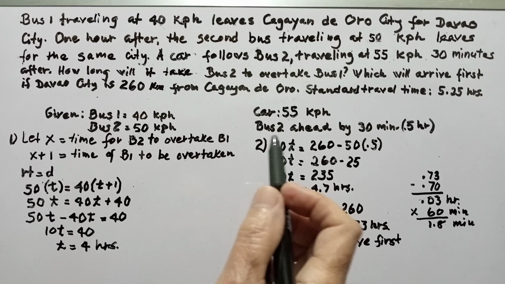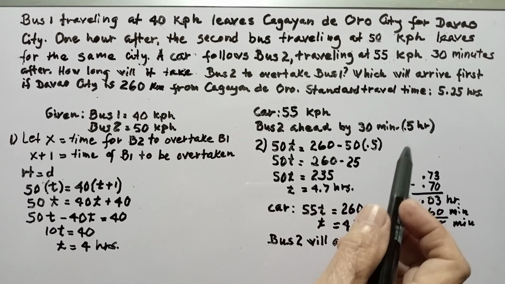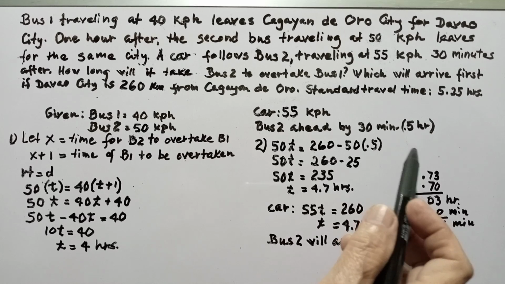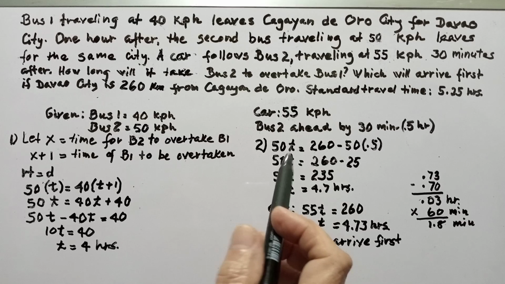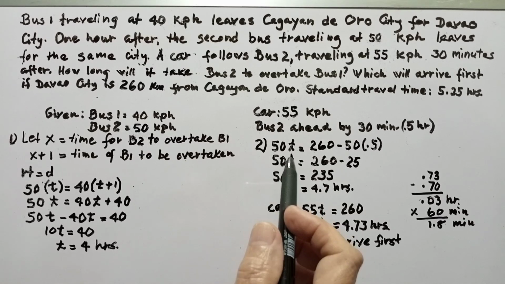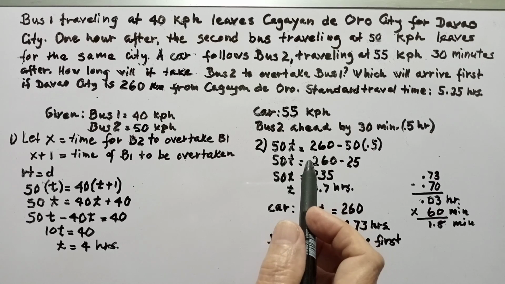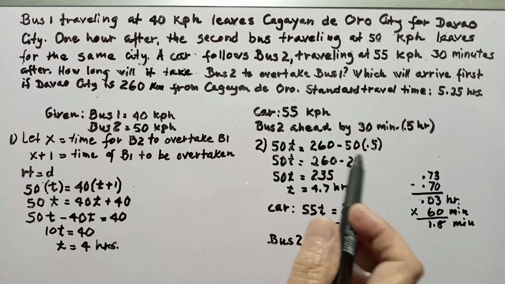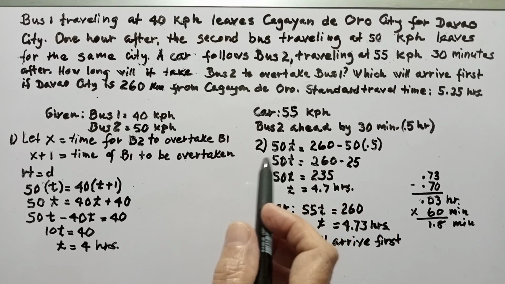Then we have bus 2 is ahead by 30 minutes, which is equivalent to 0.5 hours. So, let's now go to the equation. 50 times T is equal to 260 minus 50 times 0.5. Now, we are now solving the time of the bus 2.